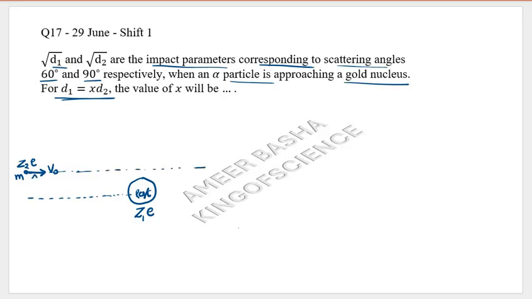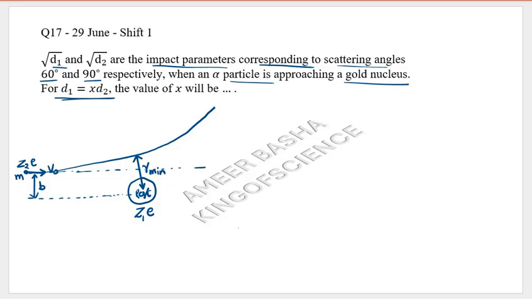This distance I call the impact parameter. But because of Coulomb repulsion, the particle will not go straight; it will go like this. It reaches the nearest position here, which I call the minimum separation.